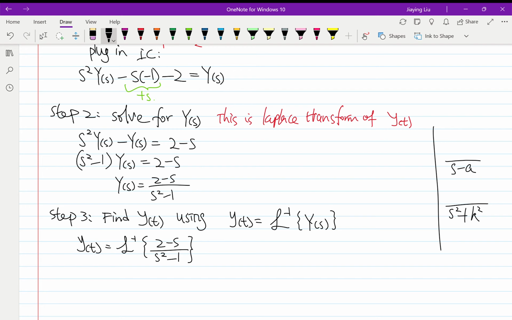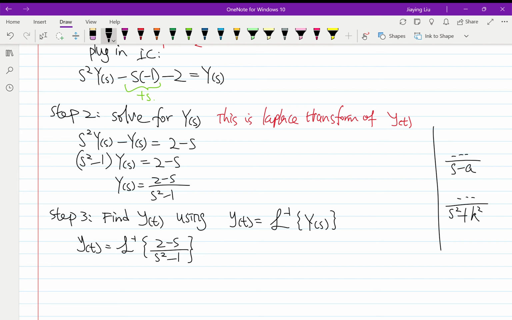But I don't think we have anything like s squared minus a number or s squared minus k squared as the denominator. It's just not there, right? So this is the case that we have to manipulate this fraction to get something that's familiar to us.